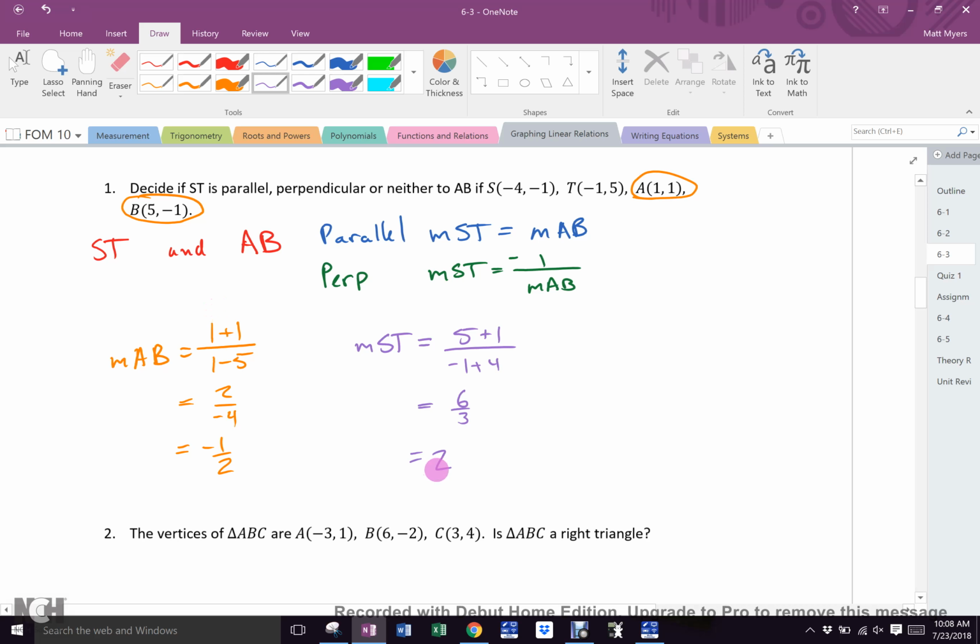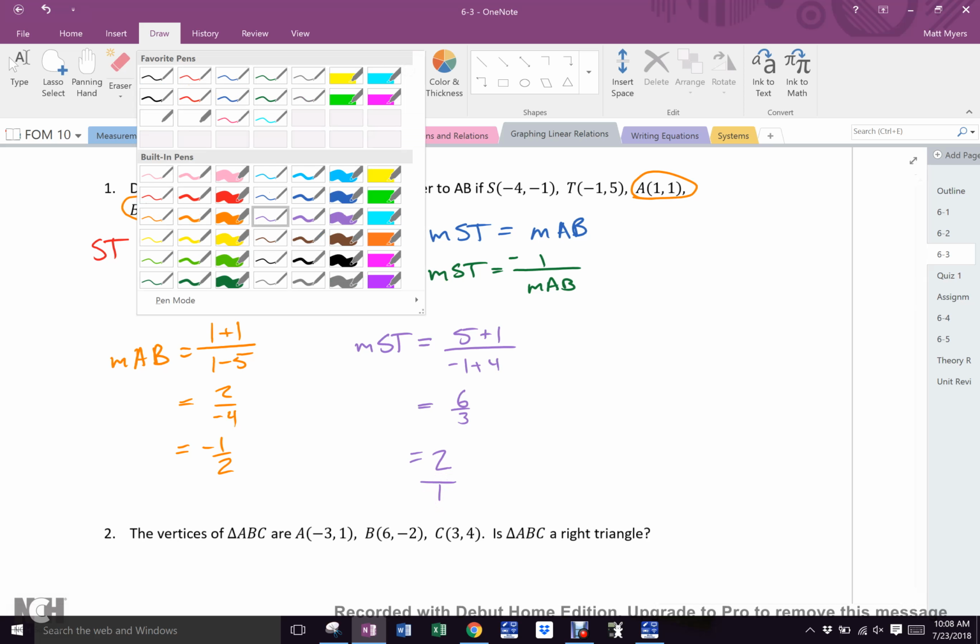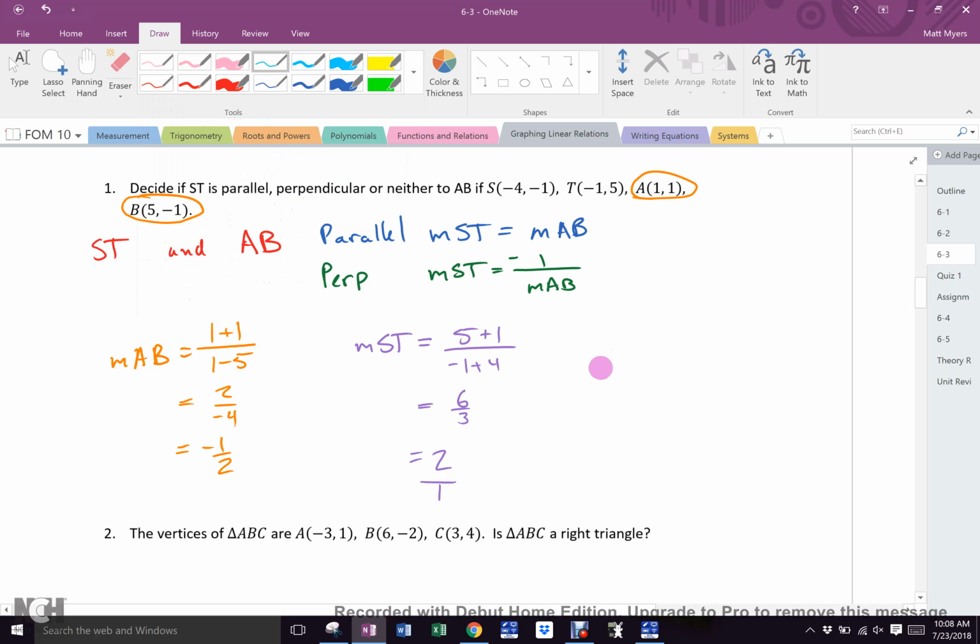Yes, because what is 2 really? 2 over 1. So finish the question off by writing out the answer. AB is perpendicular to CD. I mean, not CD, sorry. What was it? ST. Does everybody get it? Yeah? Okay.